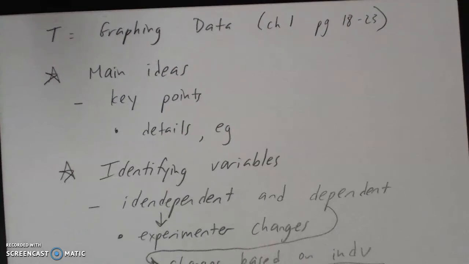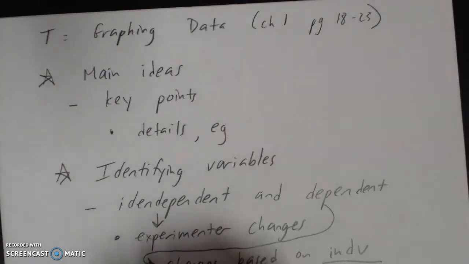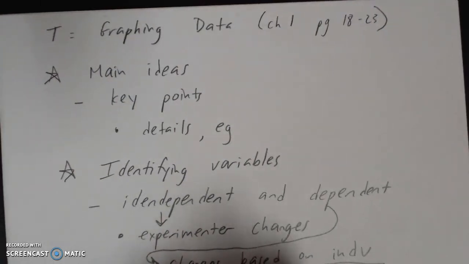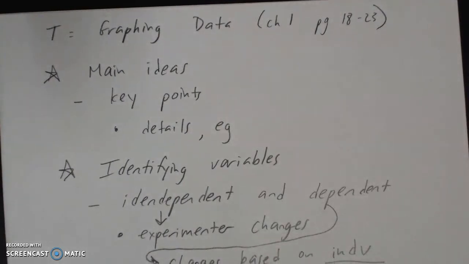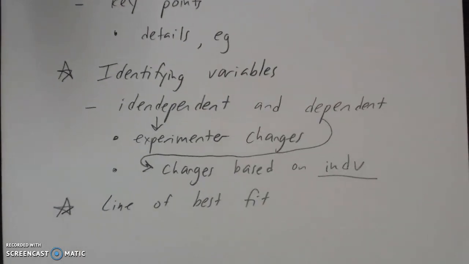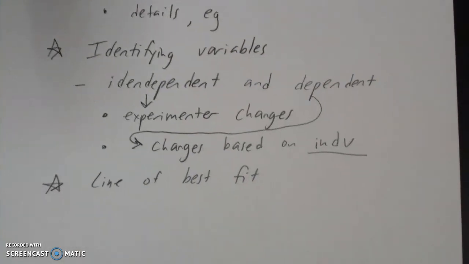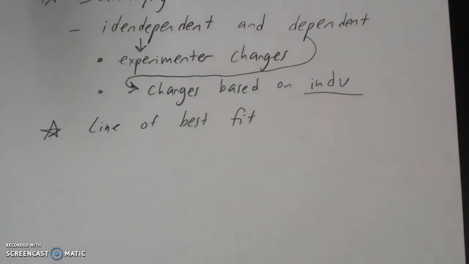So as I keep going, my next kind of main idea would be the line of best fit. What in the heck is that? This is a really important thing because a lot of students will want to just connect the dots on a graph. Let's say we do an experiment and you collect some data points.